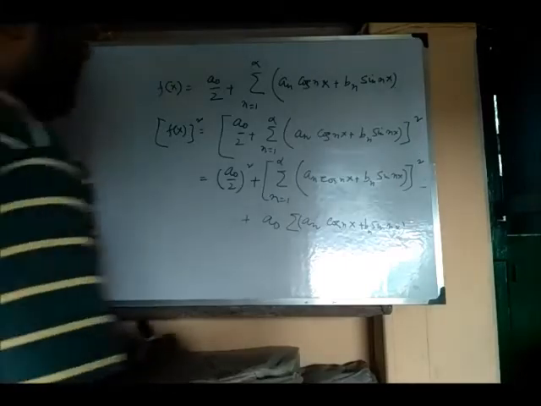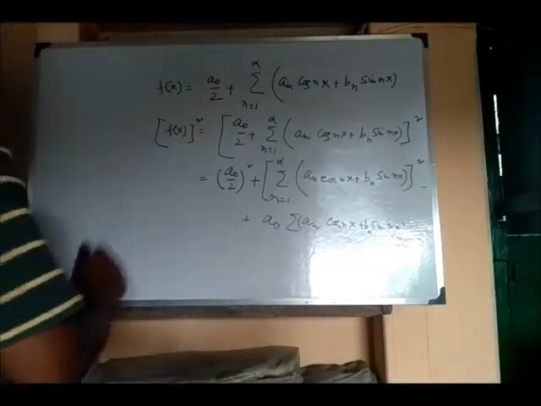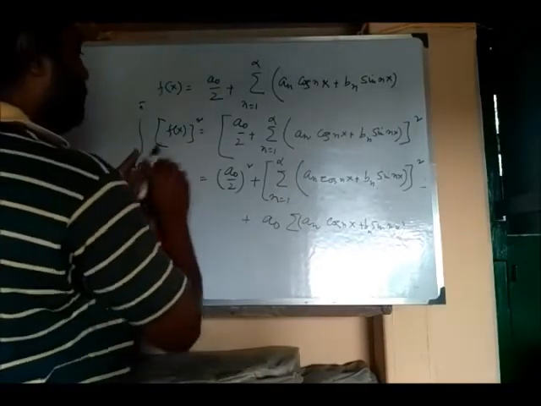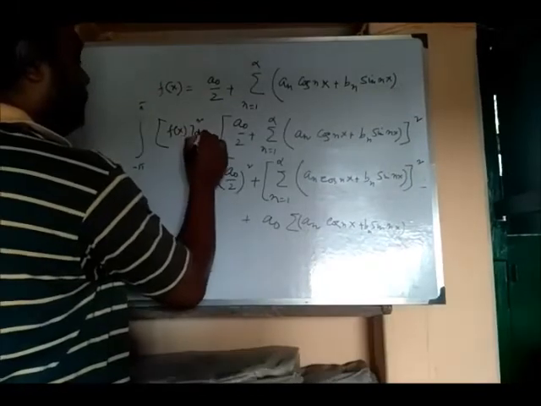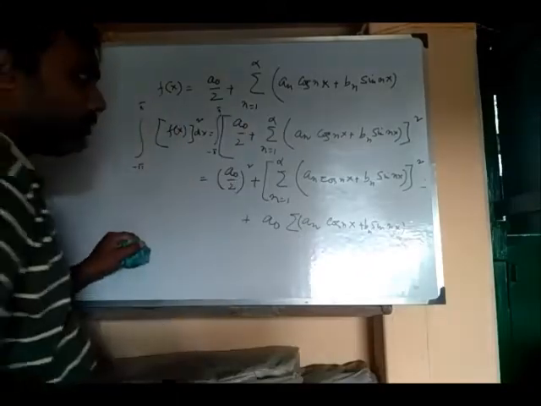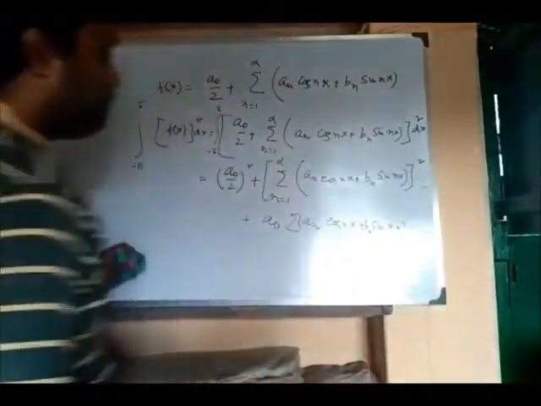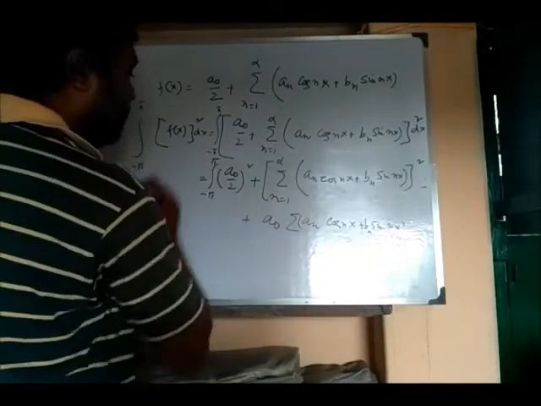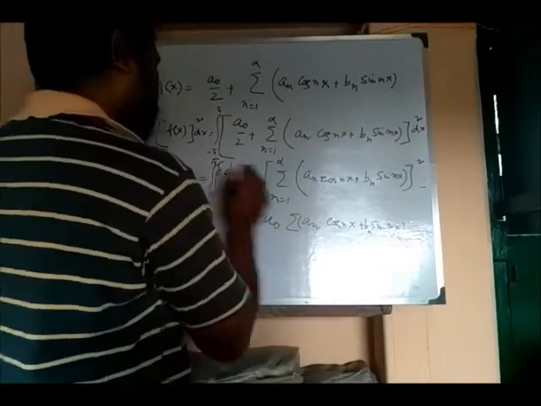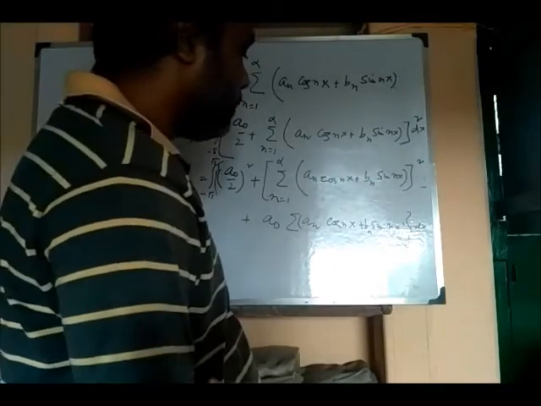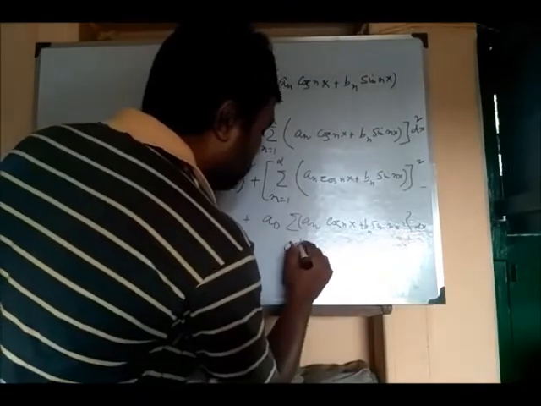So when you integrate this function from minus pi to plus pi dx, the same integration comes here, within the bracket times dx. So what you will get, again you are going to use the orthogonality condition.